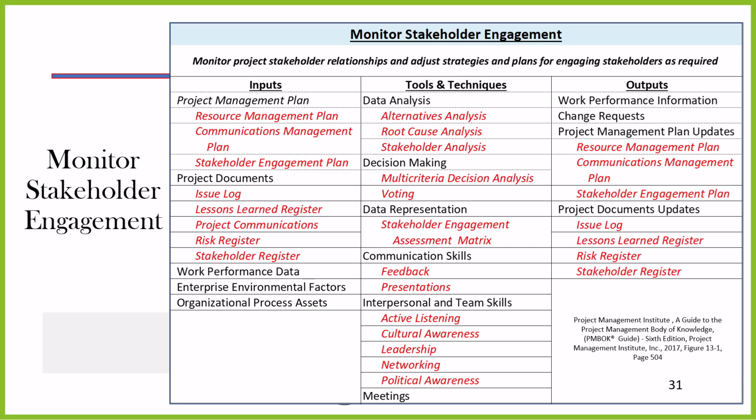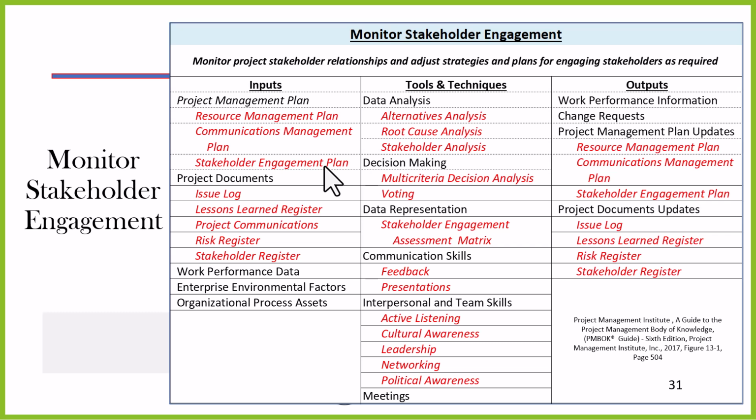I'm going to analyze the data right here to the plan, the stakeholder engagement plan, and I'm going to look for variance. I'm going to use things like alternatives analysis. Is there a better way? Root cause analysis. What is the root cause of any conditions that I might have? Stakeholder analysis. Multi-criteria decision analysis.